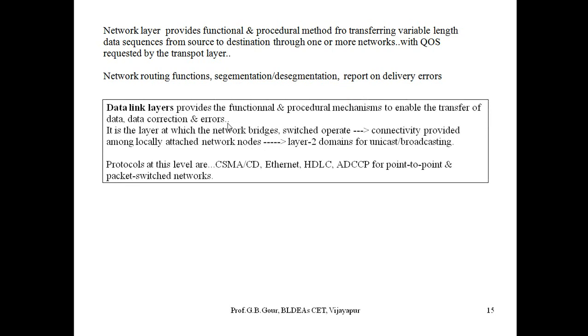The data link layer provides functional and procedural mechanisms to enable the transfer of data and correction of errors. It is the layer at which the network bridges switch to operate, with connectivity provided among locally attached network nodes, layer 2 domains for unicast or broadcasting. Protocols at this level are CSMA/CD, Ethernet, and I hope we all know about this one for point-to-point or packet switched networks.